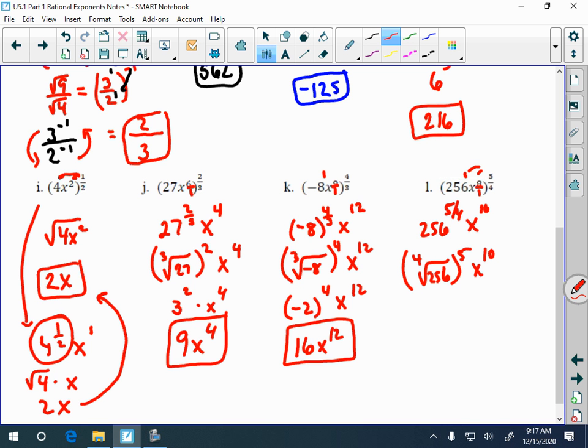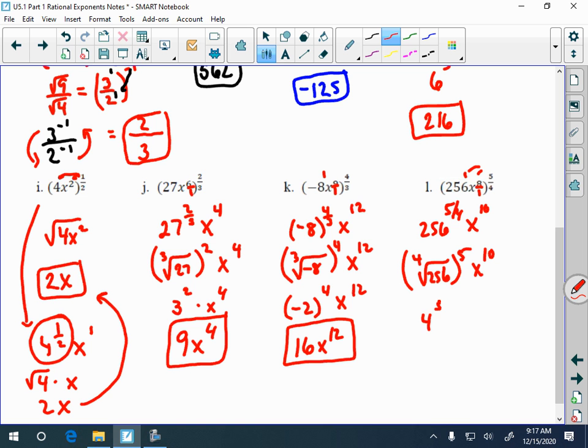The 4th root of 256. This is where I'd probably want to use my calculator. I have a 4th root. There's an x with a radical on your calculator, so you can put a 4 there. The 4th root of 256, okay, that's 4. And you can double check: if you raise 4 to the 4th power, it should be 256.